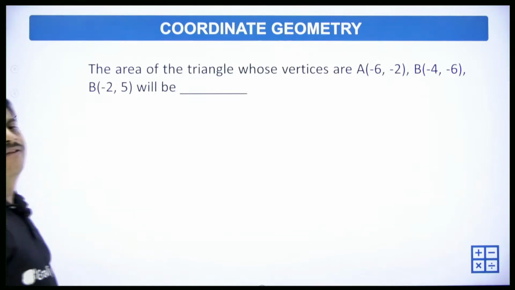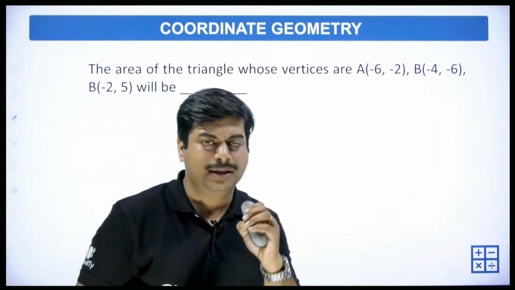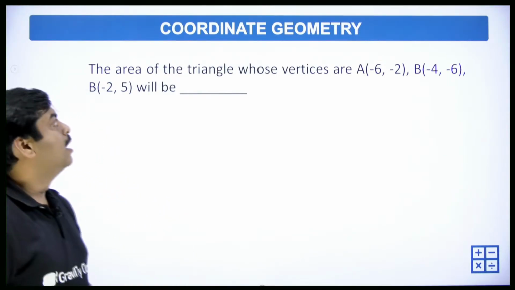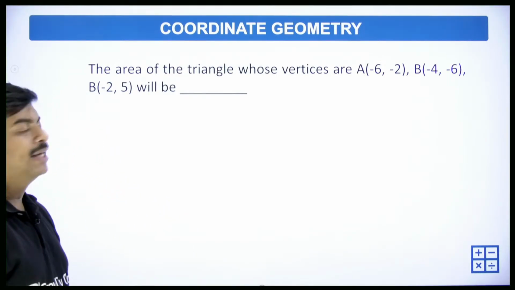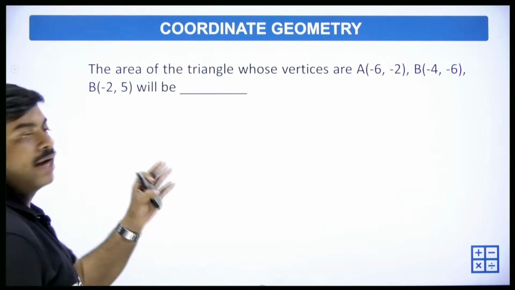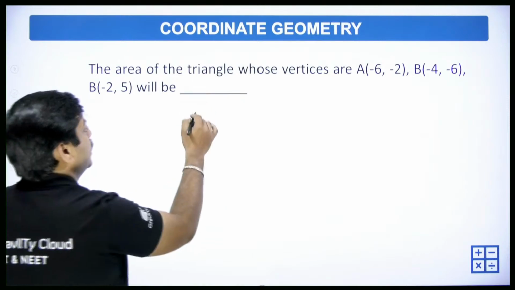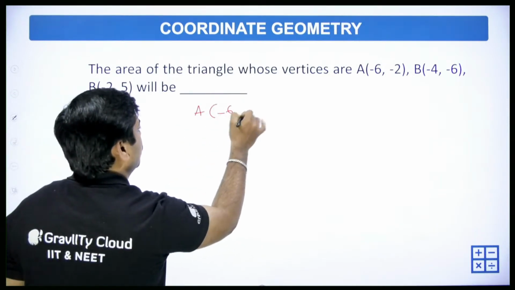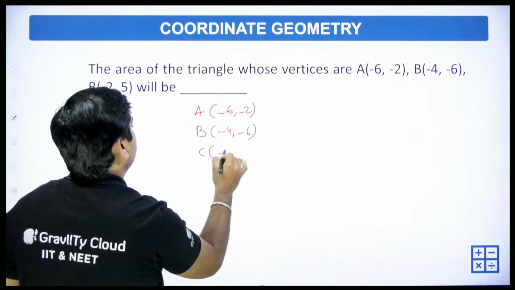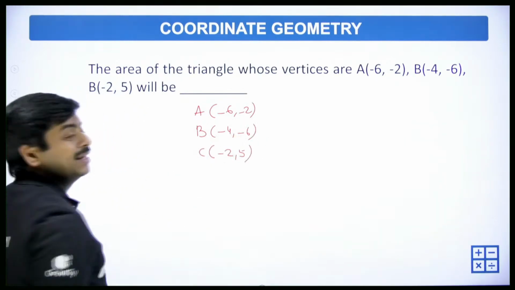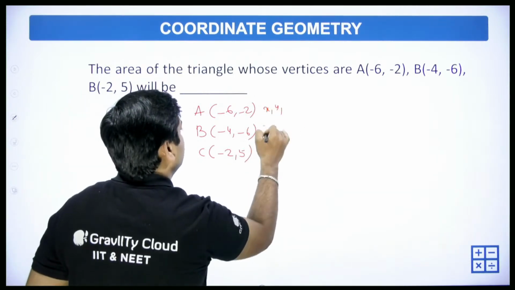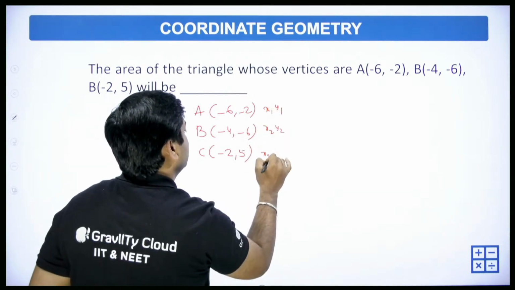Next one. So we have a couple of practice questions. Let's try to practice them. The area of the triangle whose vertices are A(-6, -2), B(-4, -6), C(-2, 5) will be? We need to find the area, where these are x1, y1, x2, y2 and x3, y3.